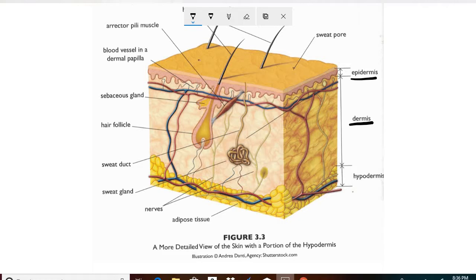And then this figure does show the hypodermis. Okay, so you can see all of this yellow stuff here, that's all fat tissue, it's all adipose tissue.